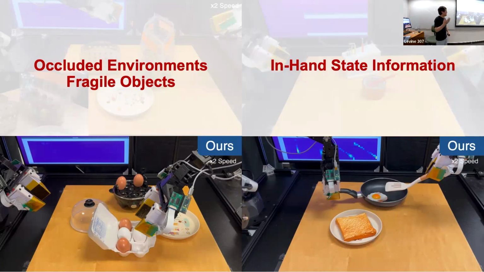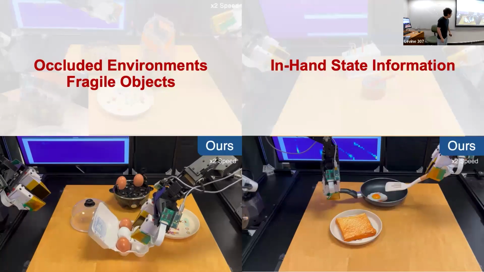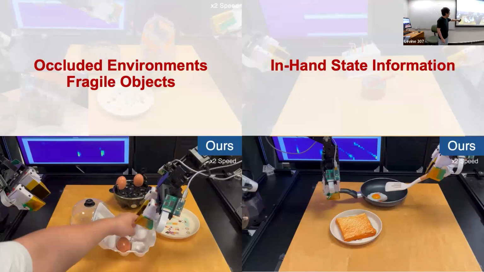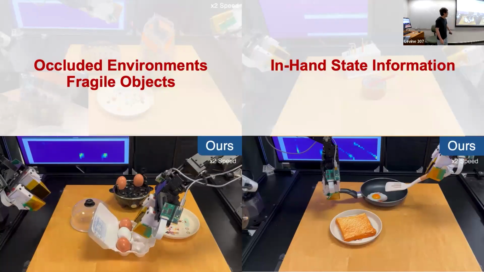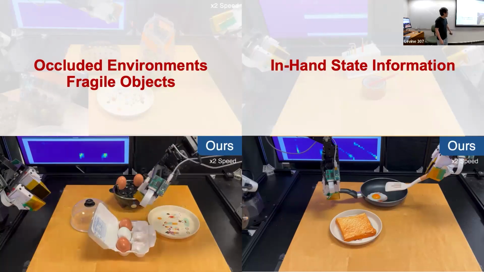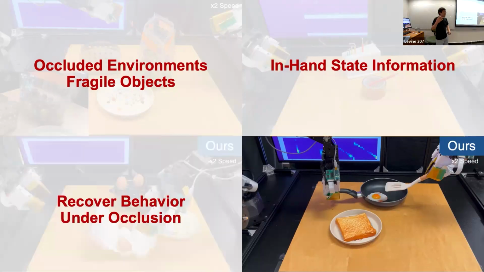You cannot explicitly check the hex key's pose. Also, in this other task, a human hand puts the egg down, and the robot will re-grasp the egg. That shows that with touch, it's easier for the robot to learn some recovery behavior under occlusions.